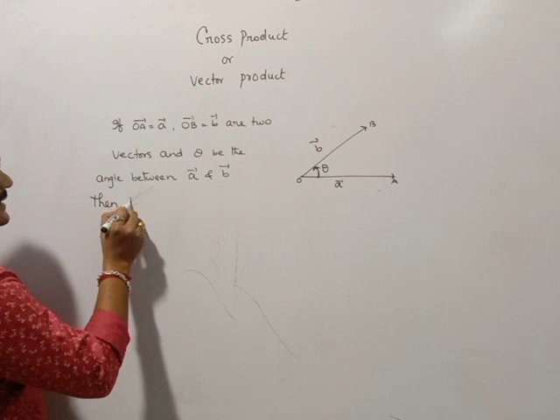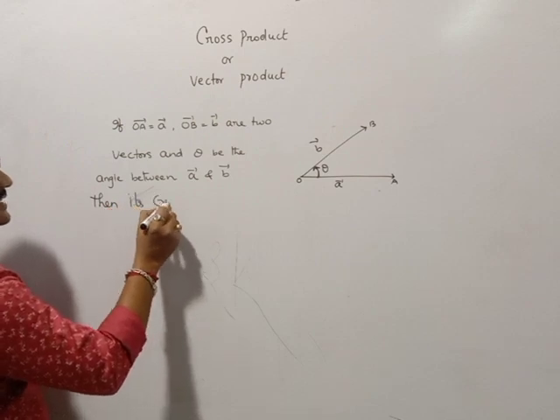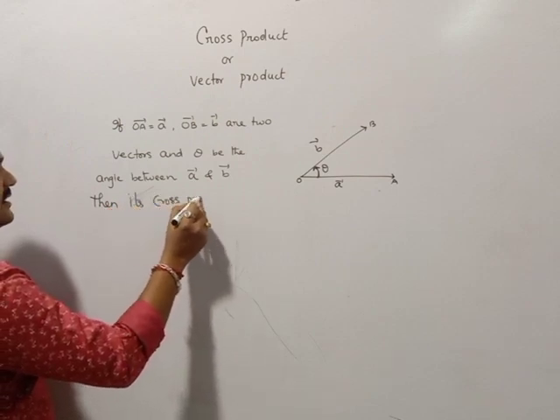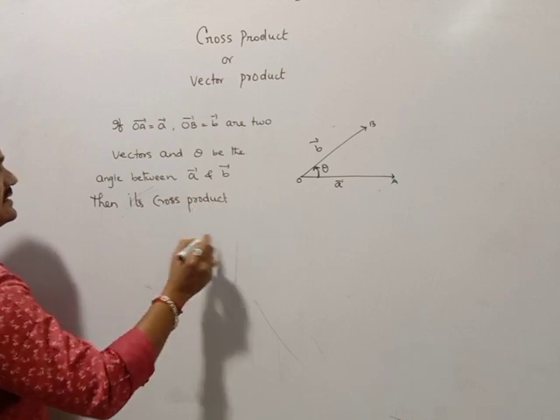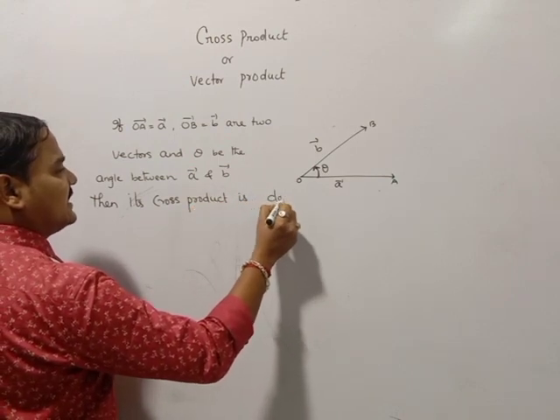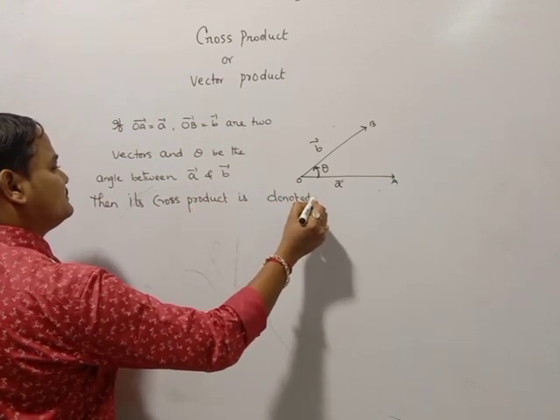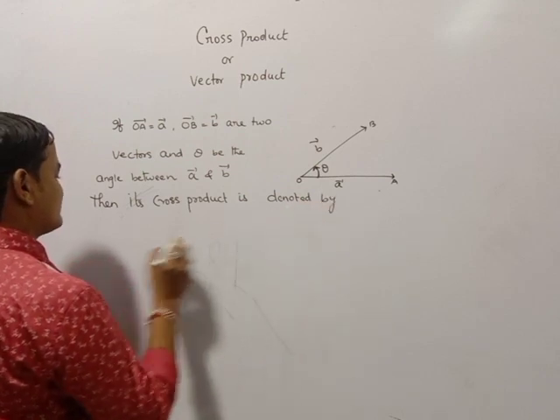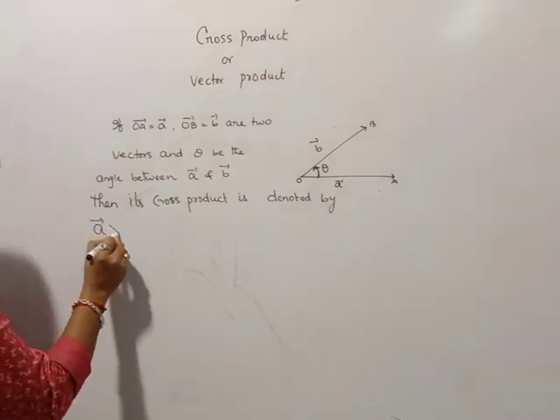Then its cross product or vector product is denoted by A bar cross B bar.